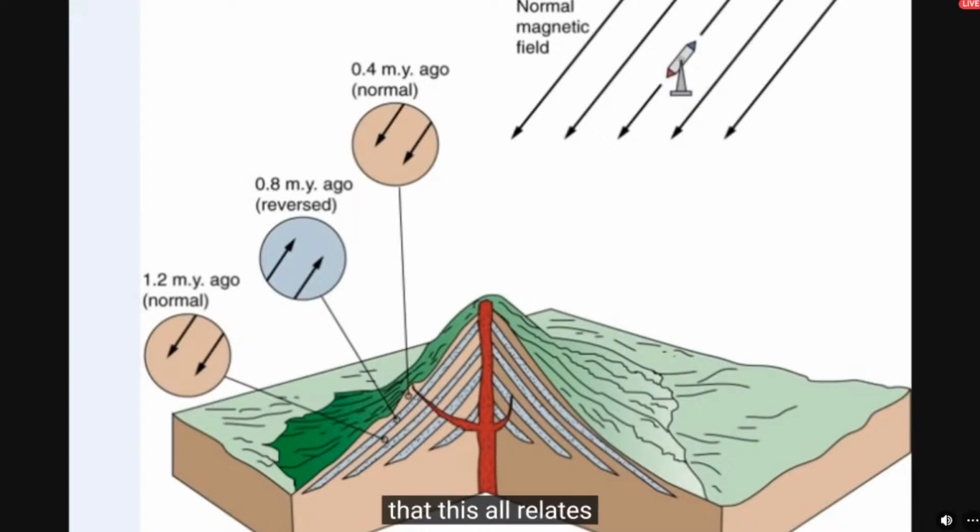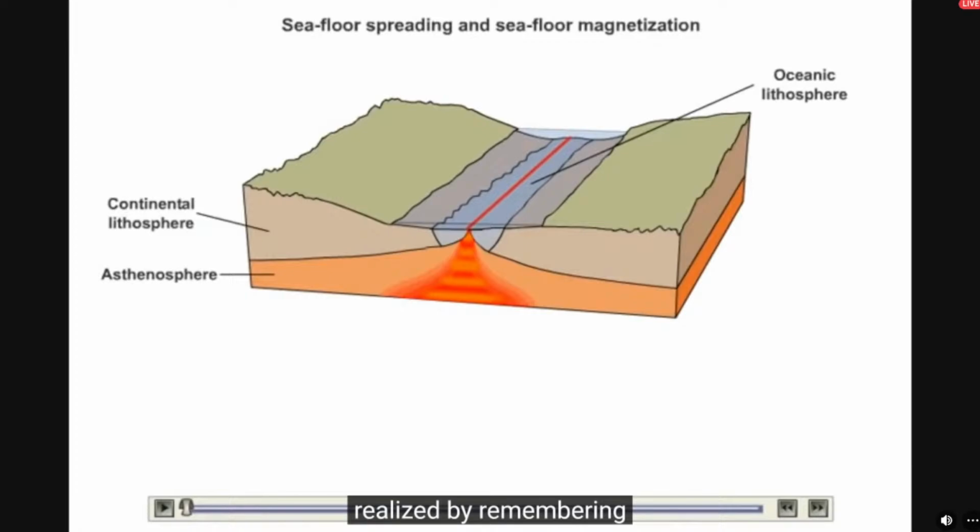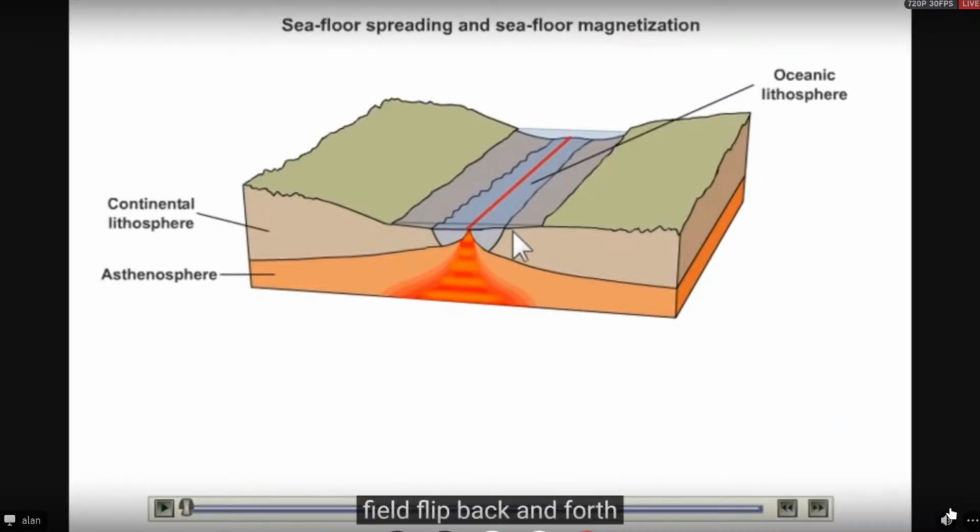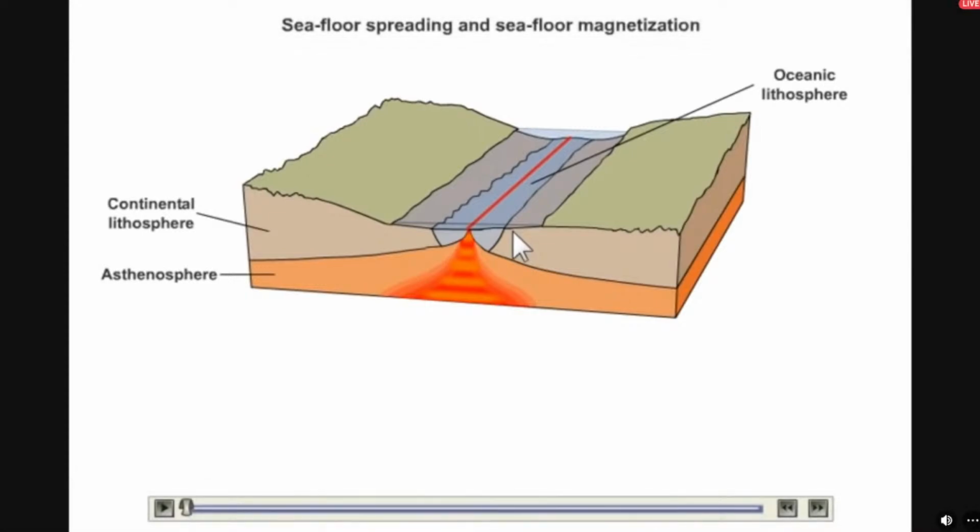Now, the way that this all relates to seafloor spreading can be realized by remembering that lava is pouring out of the Earth at mid-ocean ridges. Okay, so I want you to imagine that we're going to let this ocean basin spread, and we're going to let the Earth's magnetic field flip back and forth as the ocean basin spreads. Remember that when the lava erupts and cools down, it records the direction of the magnetic field at the time, whether it's normal or reversed, backwards or forwards.